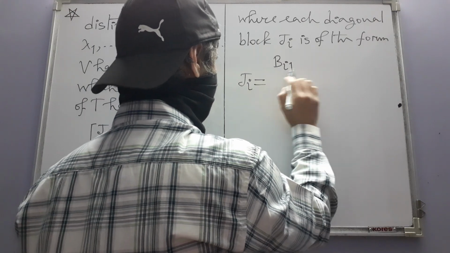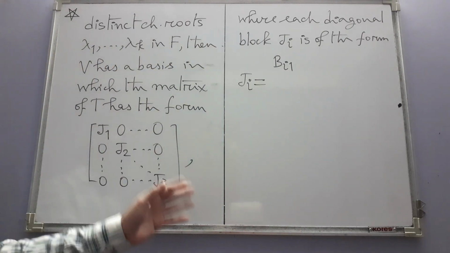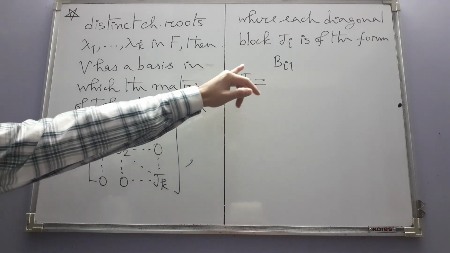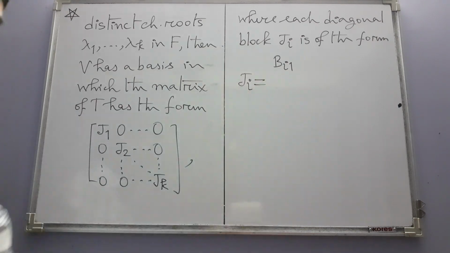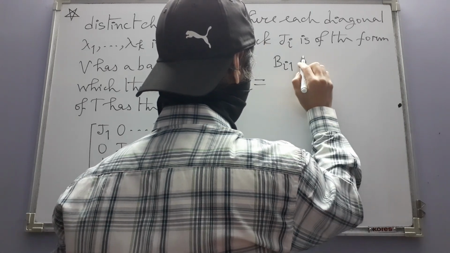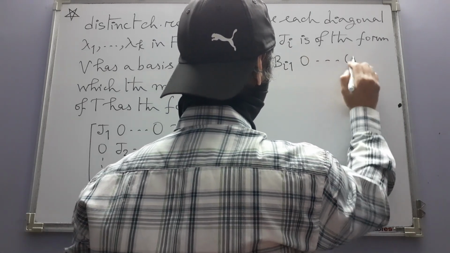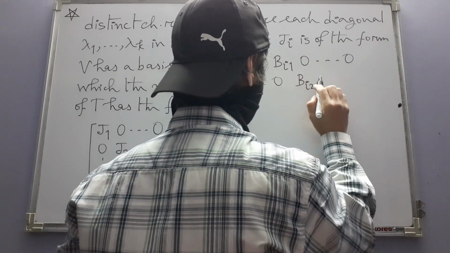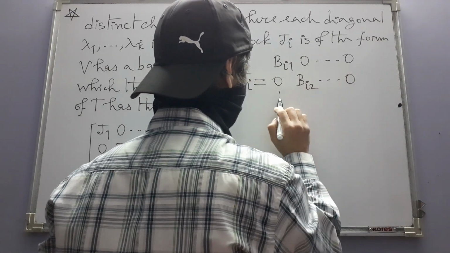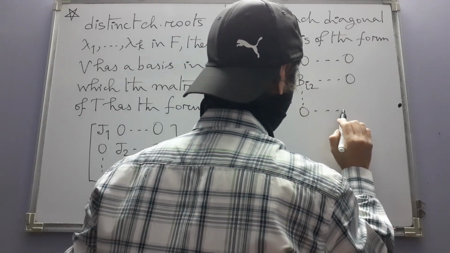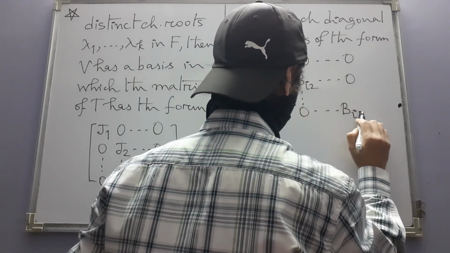Bi1, this is a double suffix, okay. I represents the fact that it belongs to Ji, and 1 of course it counts the block, I mean which diagonal block it is. Bi2, up to Biri.